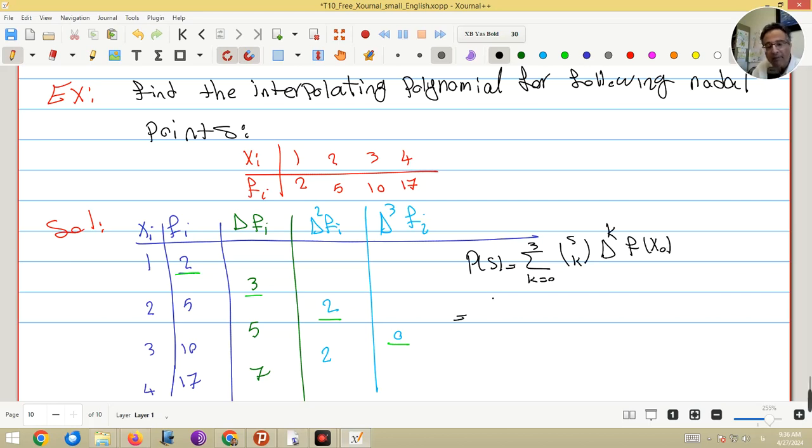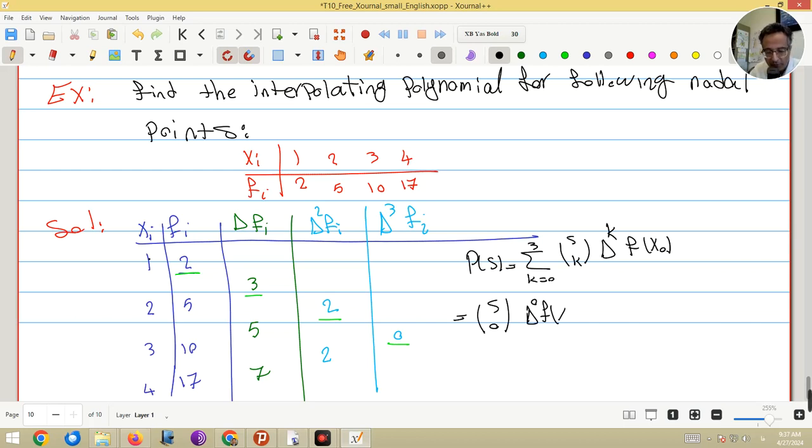Okay, if I extend this, put k equal to 0 and keep s, it will be combination 0 of s, delta 0 f of x0, and x0 is in fact 1, I think. Yeah, it will be 1.